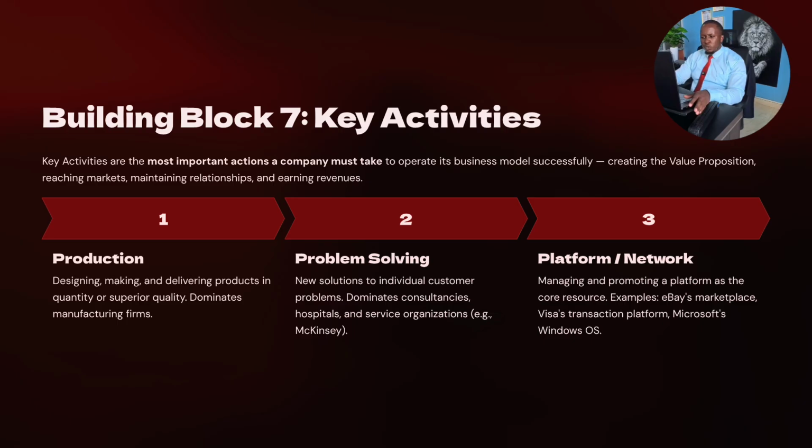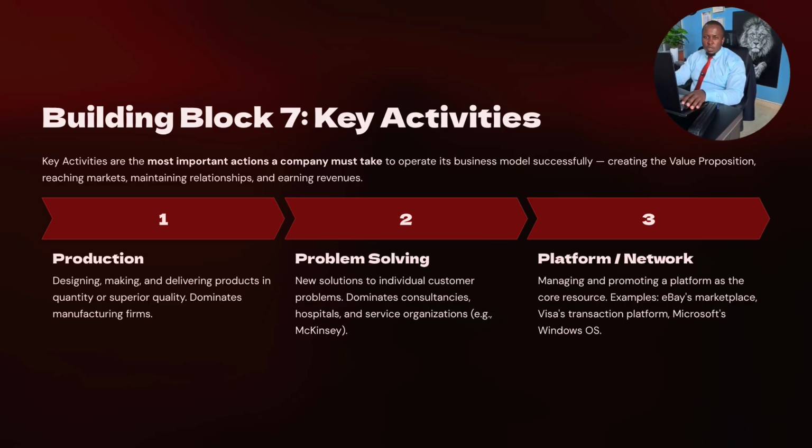Here you look at new solutions to individual customer problems, and this dominates consultancies, hospitals, and service organizations such as consultants. And finally, you can have platform or network, where you're managing and promoting a platform as the core resource. For example, you can have online marketplaces, credit card transaction platforms, and operating systems.